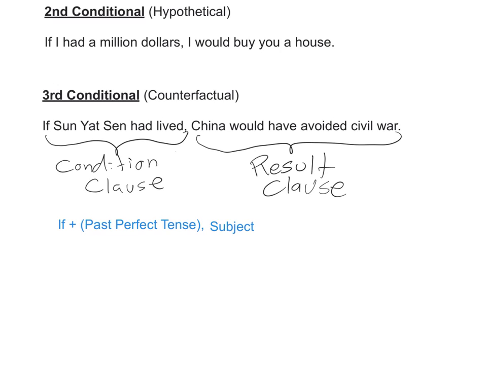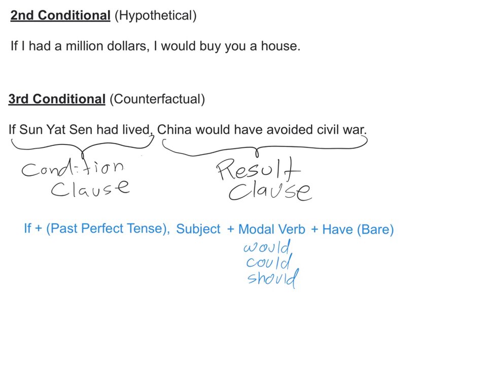Then we have the modal verb. In this case, we could either have could, would, should, or might. Then we have the bare form of have. Let me slide things over a bit to give us a bit more room. And then we have the main verb, but this time the main verb avoided is in the past participle form.